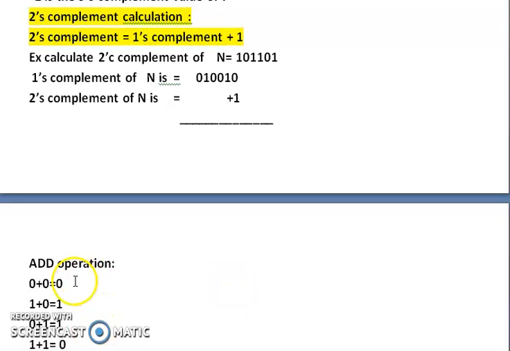This is the formula. In this one, the carry is forwarded.